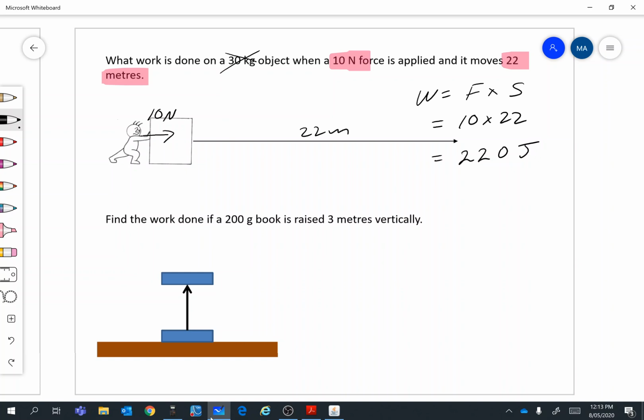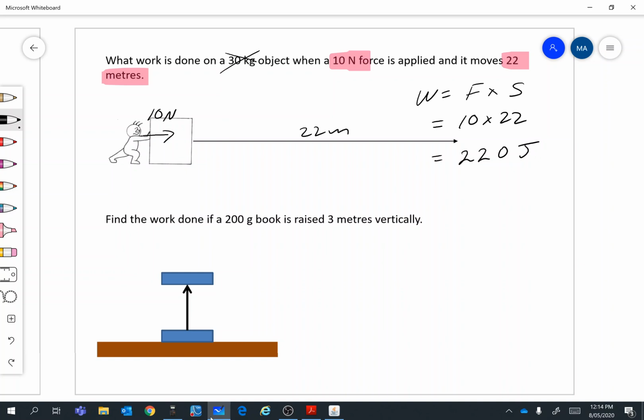Okay, we'll have a go at this one down below here. This one's a little bit trickier, all right? This is the one where a book is being raised vertically. So the trick here is that you need to calculate the force that's required to lift this book, right? And the clue is that you're overcoming gravity.